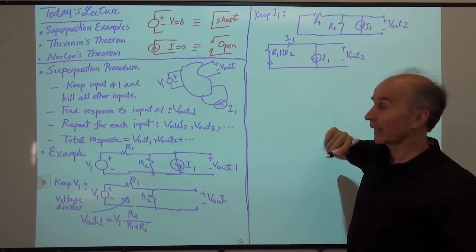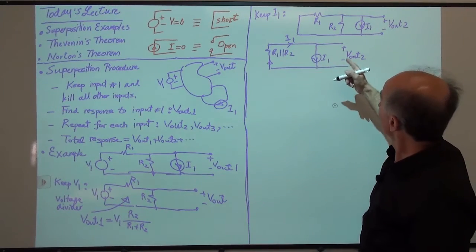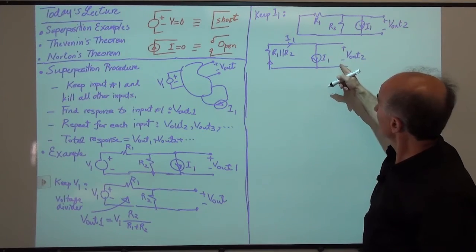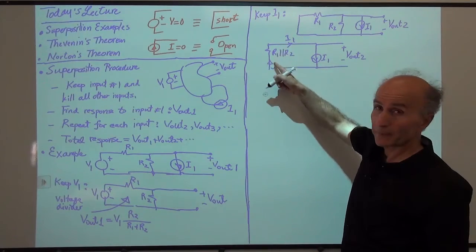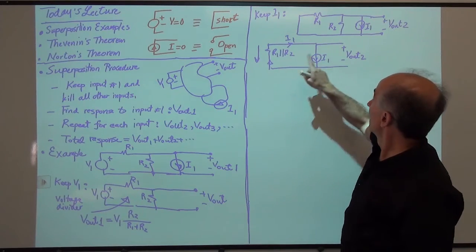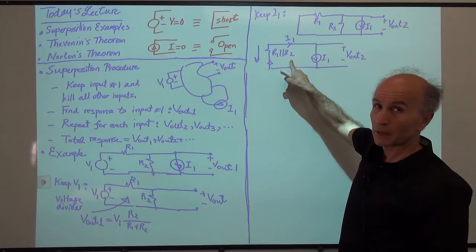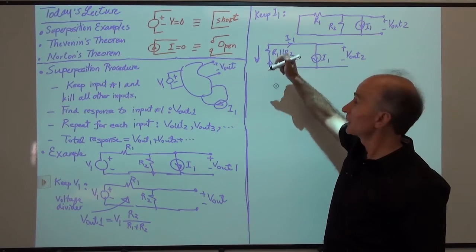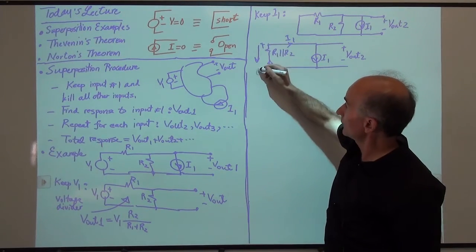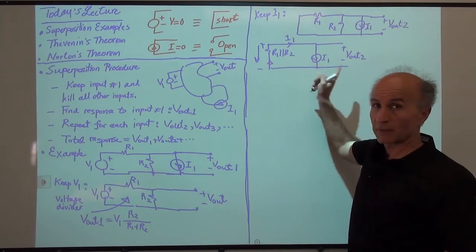If you don't like that, you can just say this voltage is also the same as this voltage, right? So then the current going from top to bottom will be V out 2 over this resistance. Going from top to bottom, we take the top voltage minus the bottom voltage, and that would be V out 2.